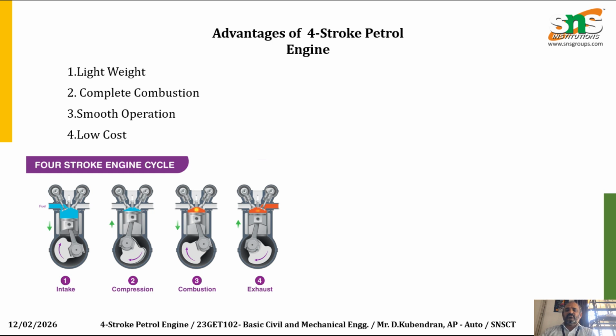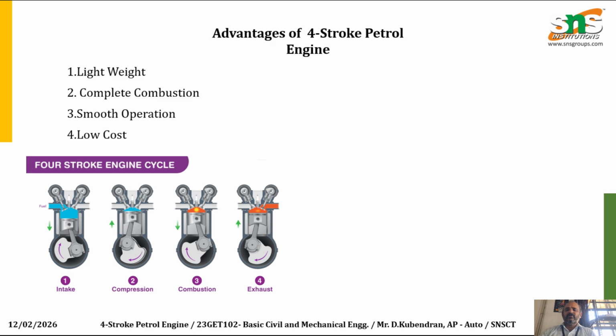The advantages of four-stroke petrol engines are that they are lightweight and compact, easier to operate, and give complete combustion. These are all the advantages of the four-stroke petrol engine.